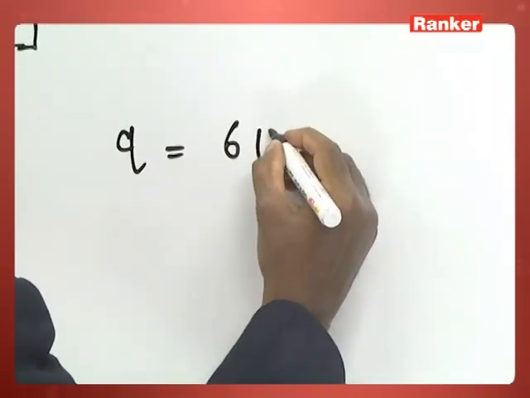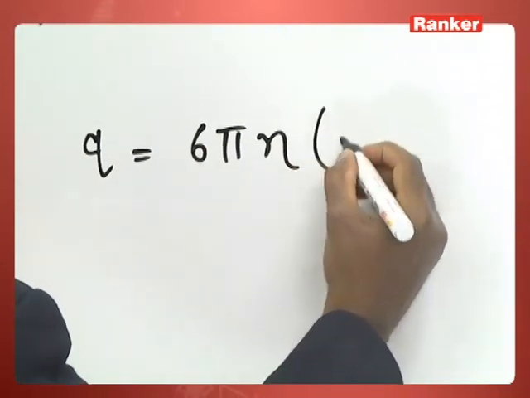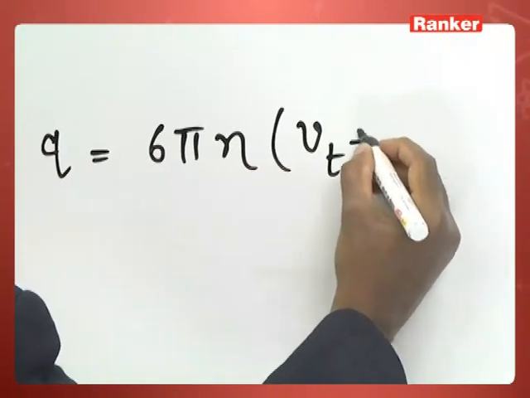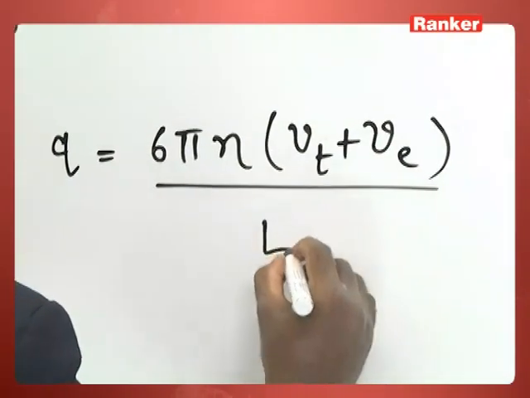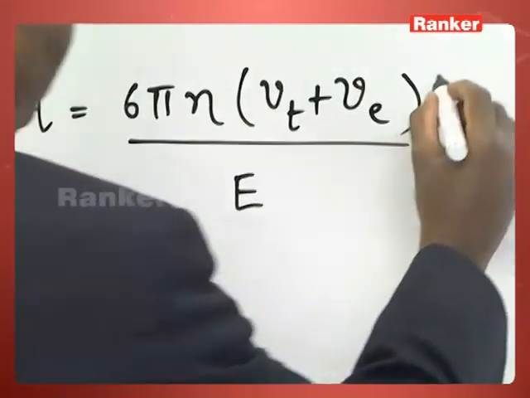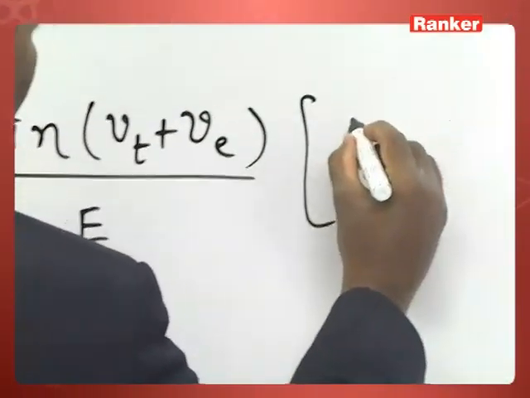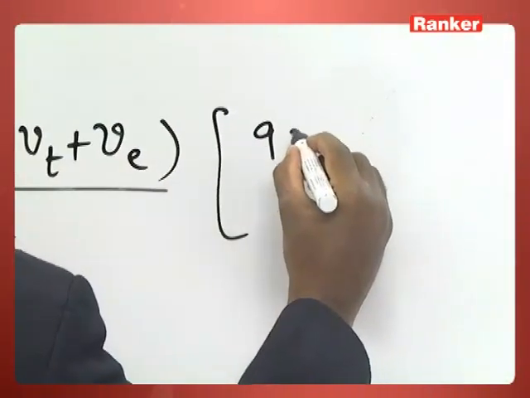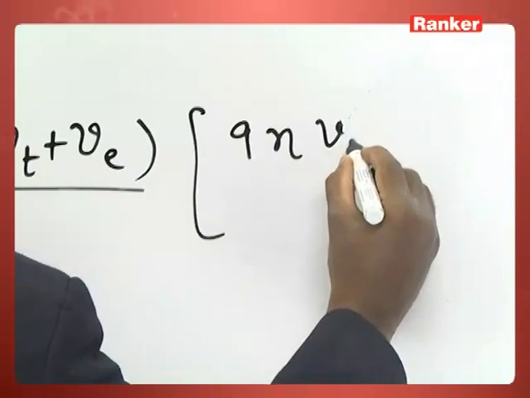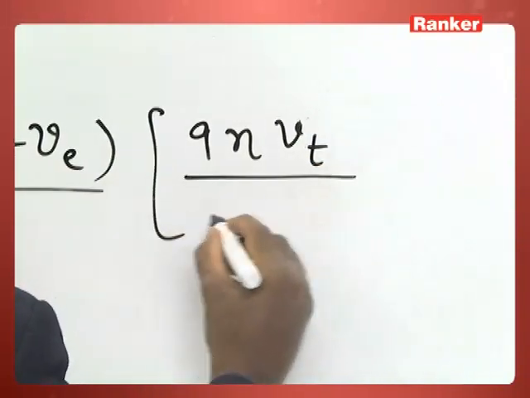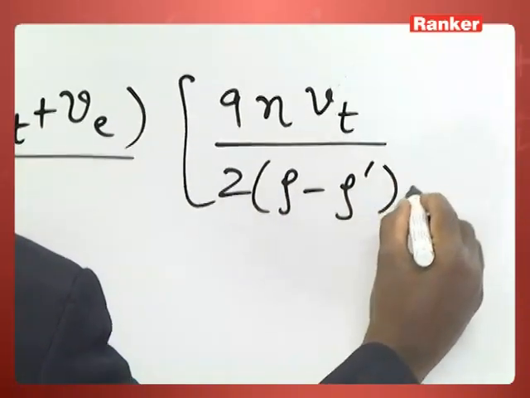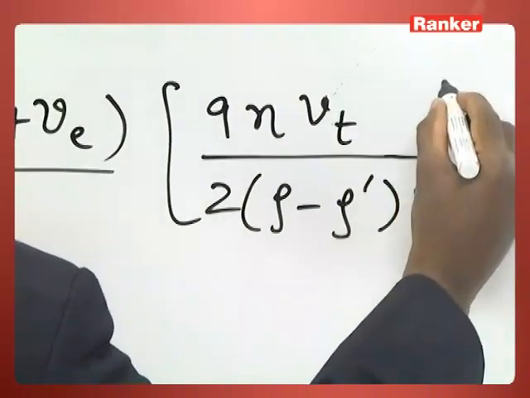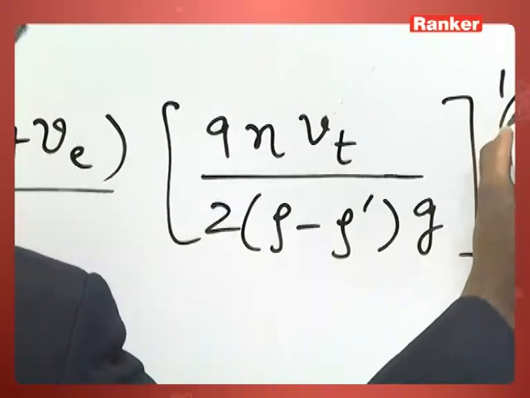Q is equal to 6 pi eta (Vt plus Ve) divided by E, whole multiplied by (9 eta Vt divided by 2 into (rho minus rho dash) g) whole power 1 by 2.